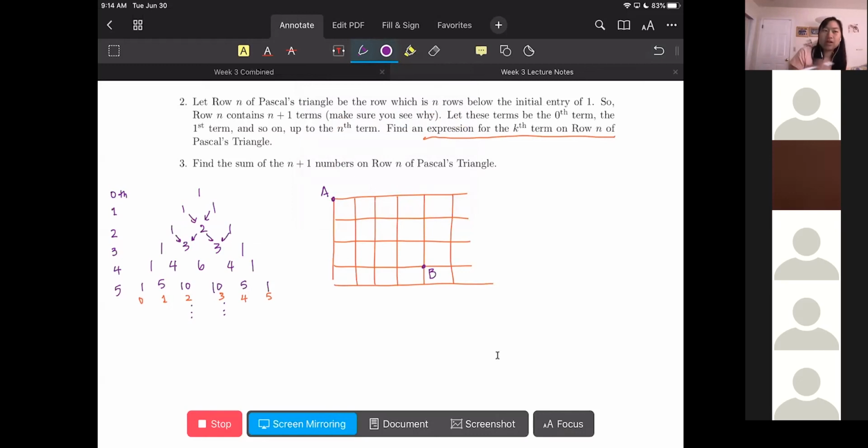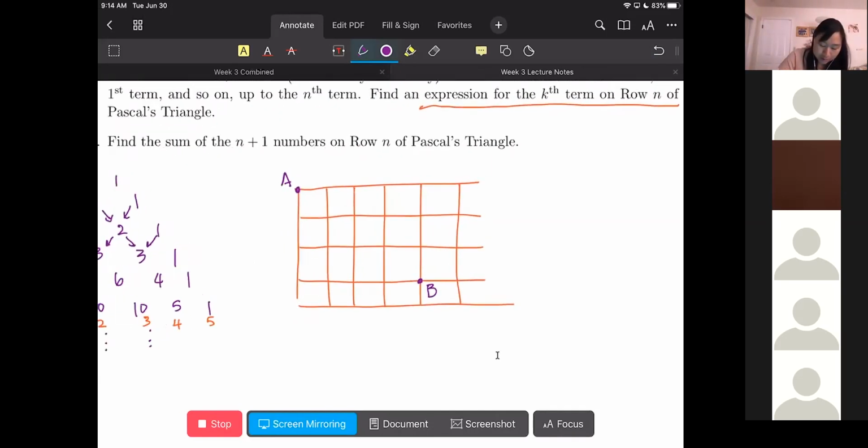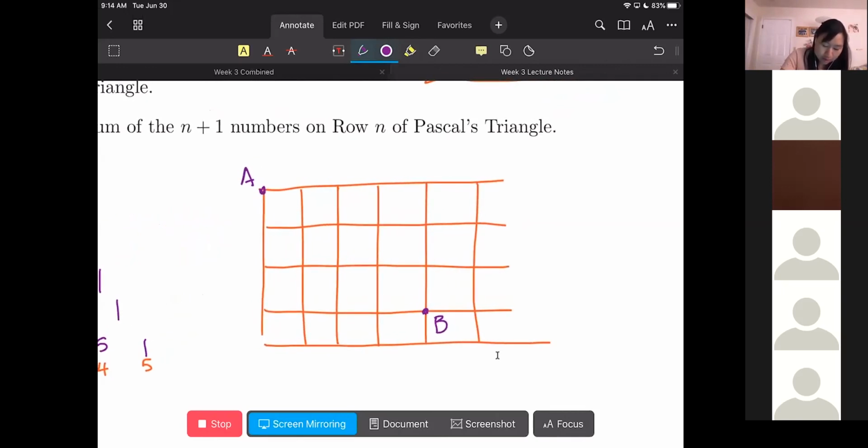And so we saw earlier one way to count it. But another way we could count it is we could carefully count how many ways there are to get to each point, and see if we can get to B. So let's try that. Let me pick a different color. How many ways are there to get from A to this point, if we can only move this way and this way?